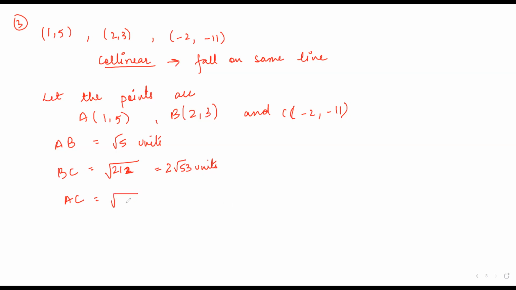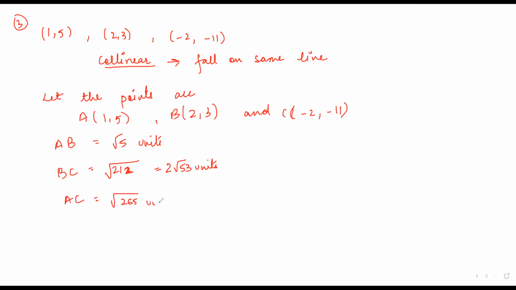Wait 1 minute, ma'am. 5, 6, 2. Ma'am, I got 5, 6, 2, 5. 2 in AC is equals to 265. Root 265 units. Okay.